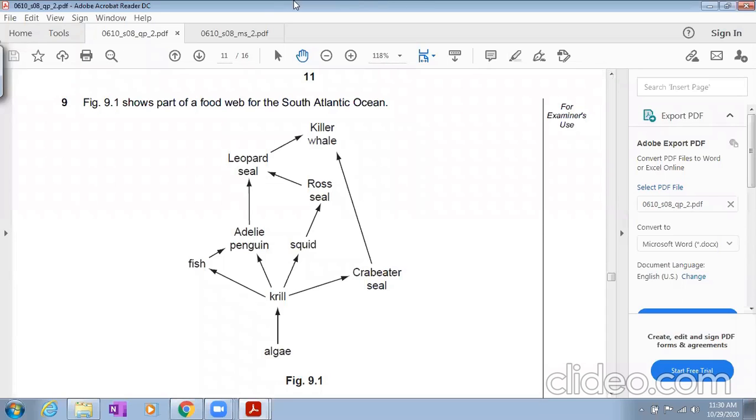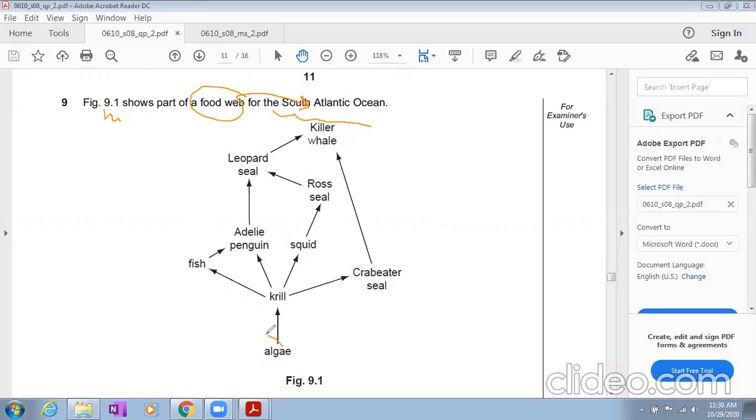Another question we have: Figure 9.1 shows part of a food web for the South Atlantic Ocean. If you see here, this is a food web, a collection of different food chains interconnected with each other at different trophic levels.